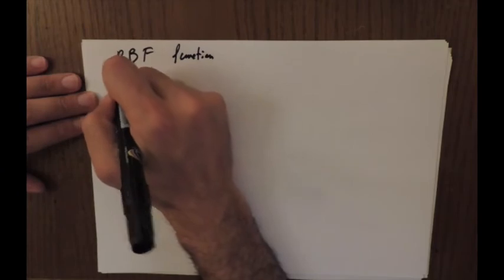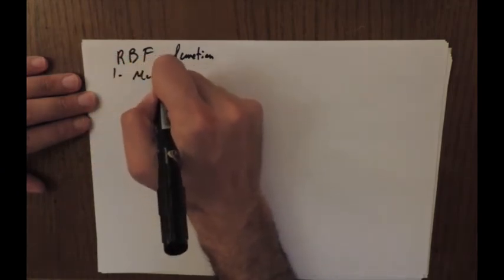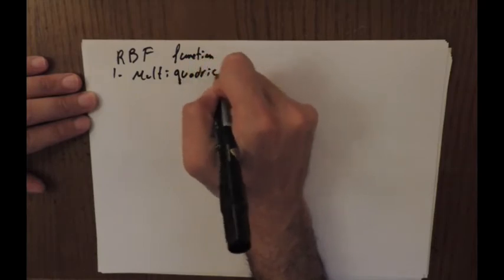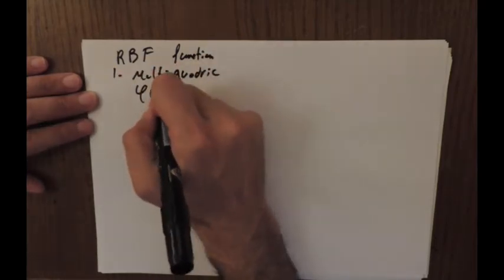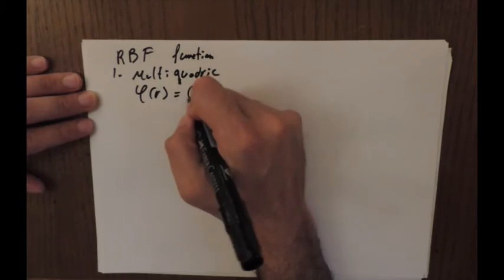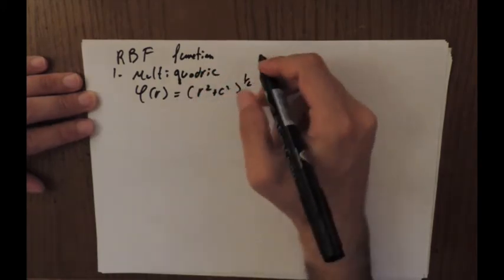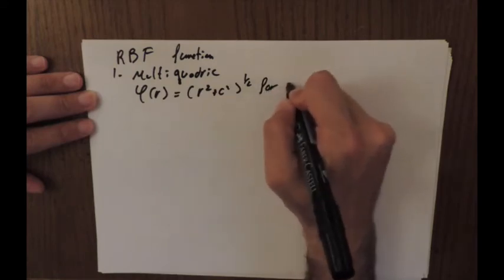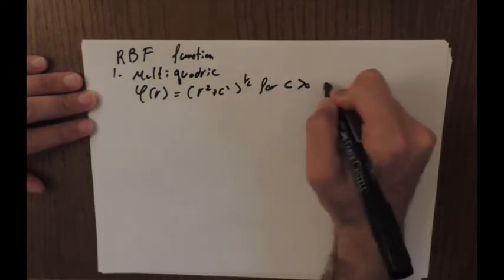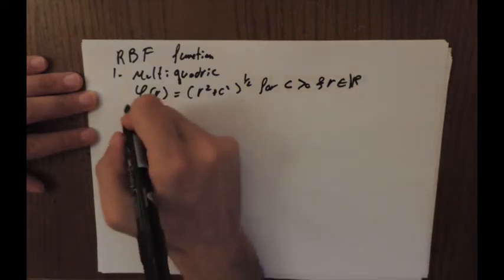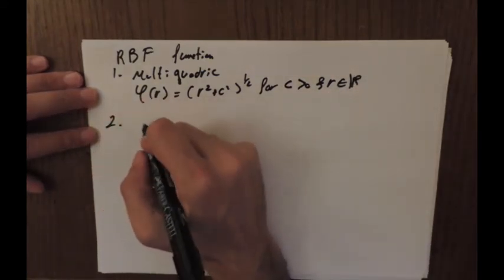We have one, the multi-quadratic, where phi of r is equal to (r squared plus c squared) to the power of one half, for c greater than 0 and r belonging to R. We have the inverse multi-quadratic.